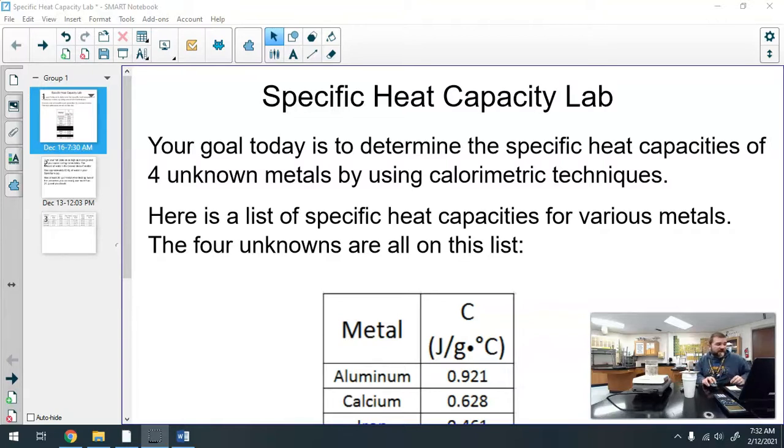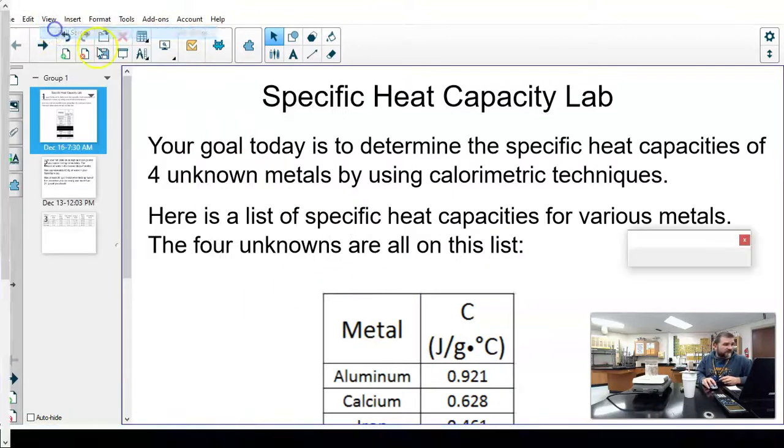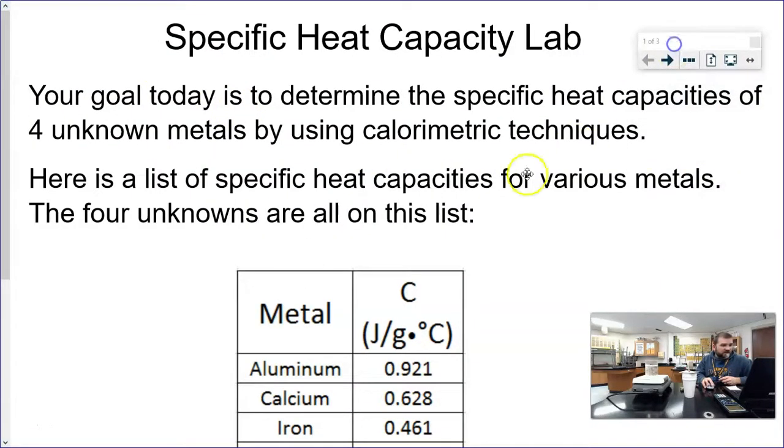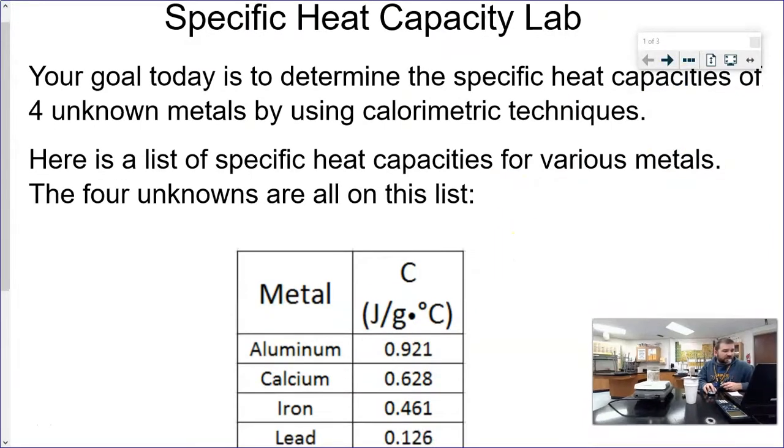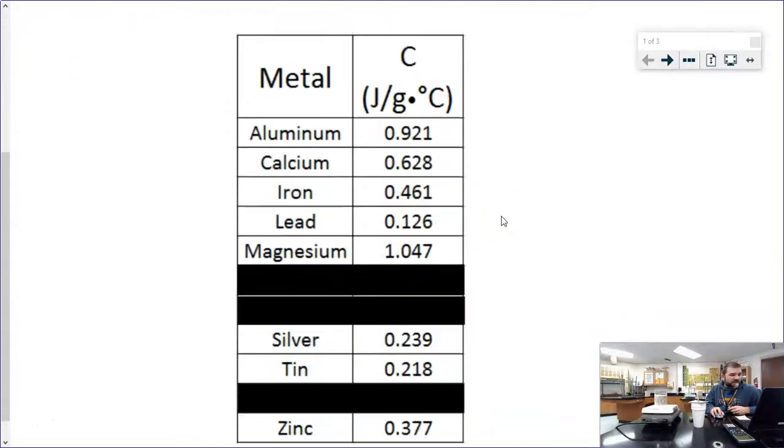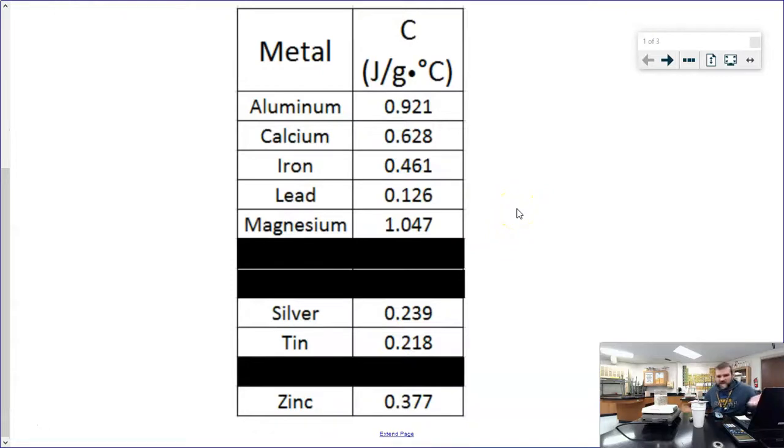Once you have the specific heat capacity, let me go to my computer for just a sec. Okay, I have posted a PDF of this. The first slide of the PDF is showing you the specific heat capacities of random metals. Okay, the 4 unknowns are on this list. All right, so once we have that calculated and you take the data that I'm going to provide you and you solve for the specific heat capacity of the metals, you should be able to compare it to this list.